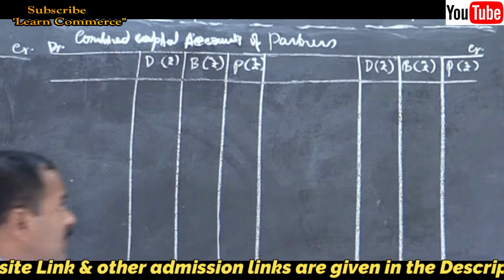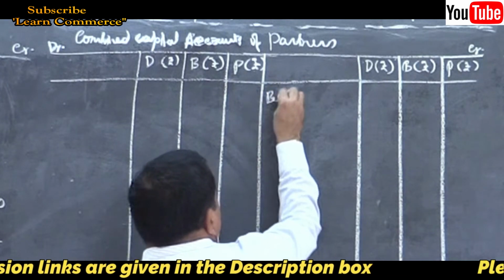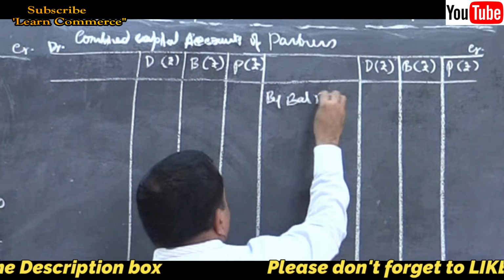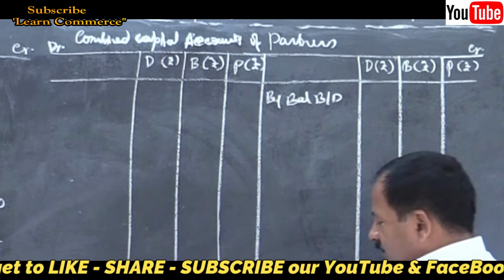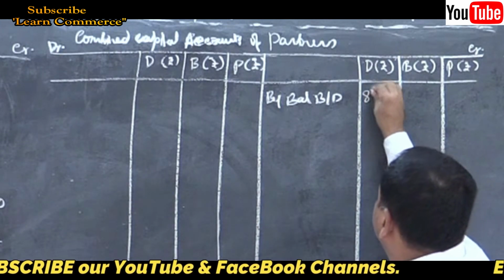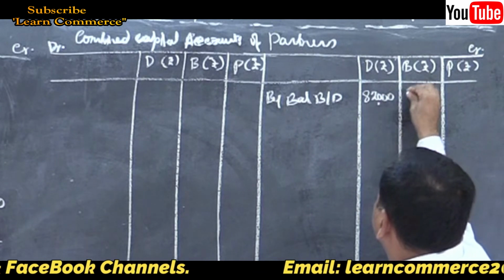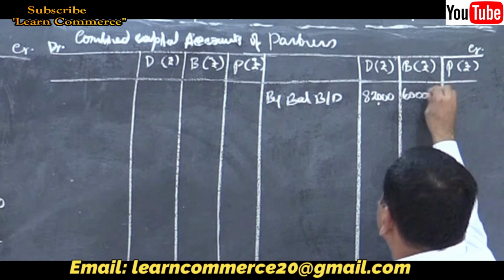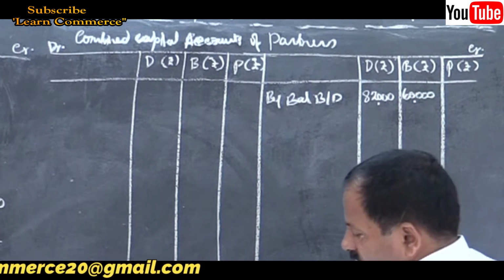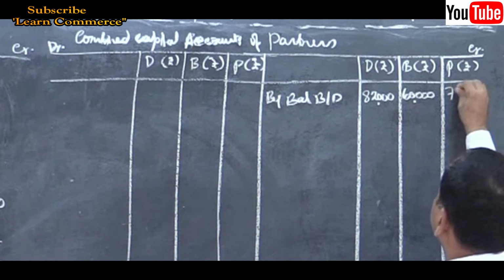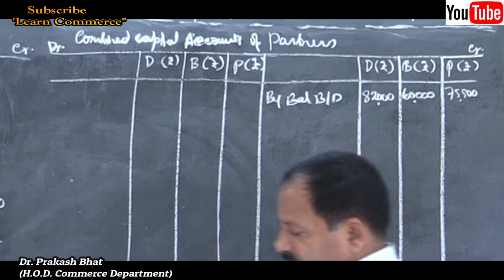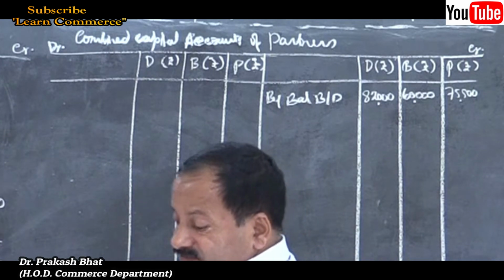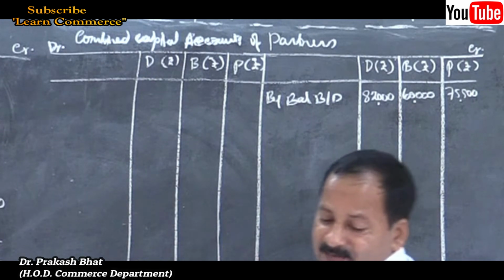Start with the capital balance. By balance brought down, write the amounts: 82,000, 60,000 and 75,500. Then there is reserve on the liability side.